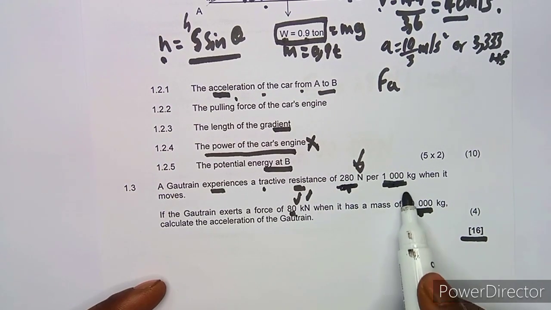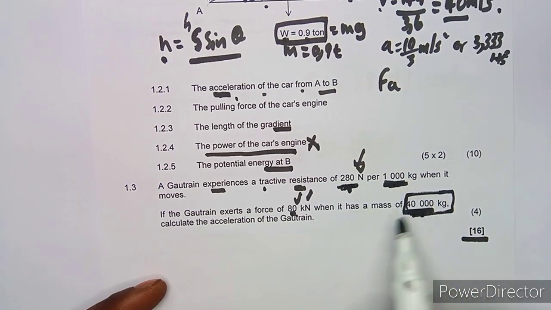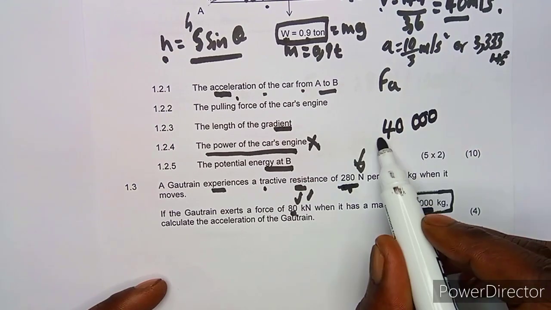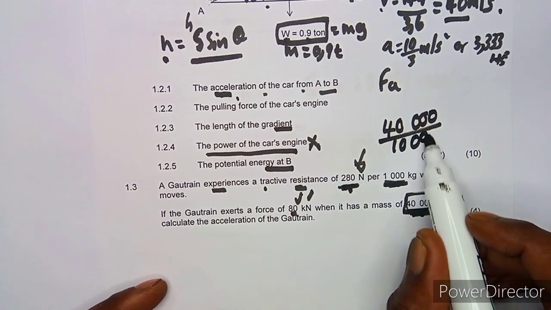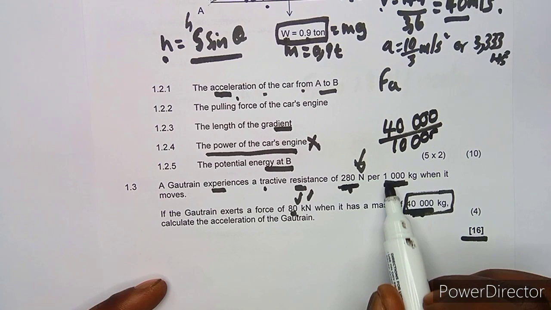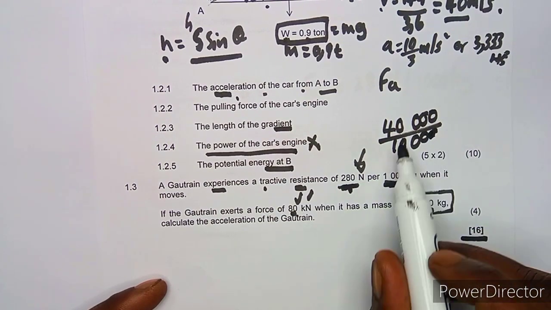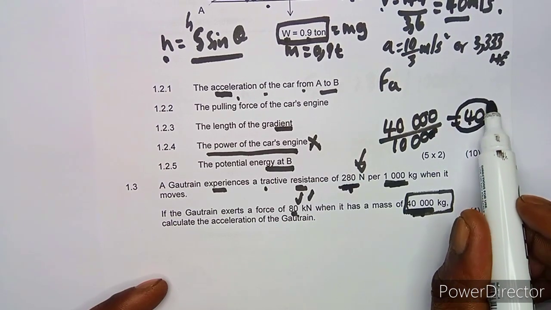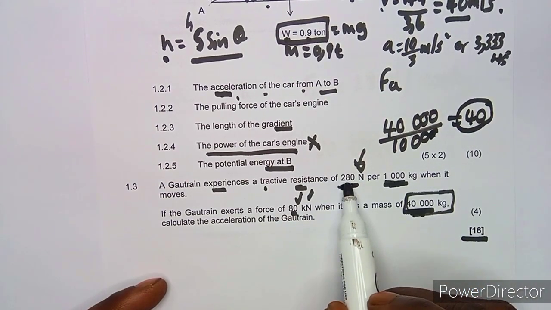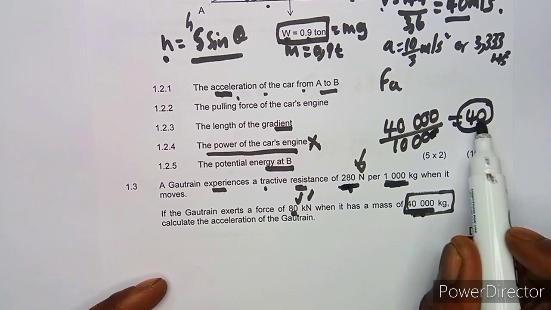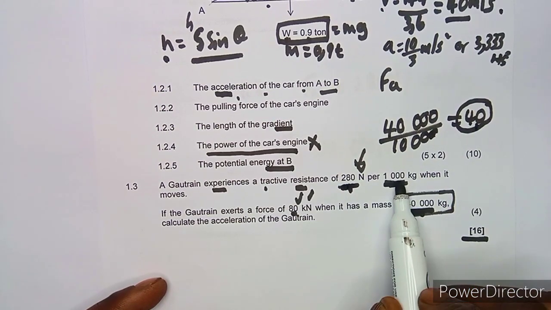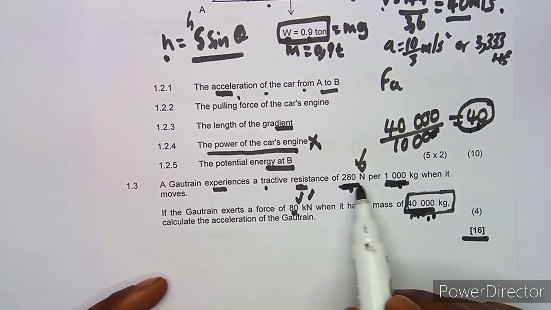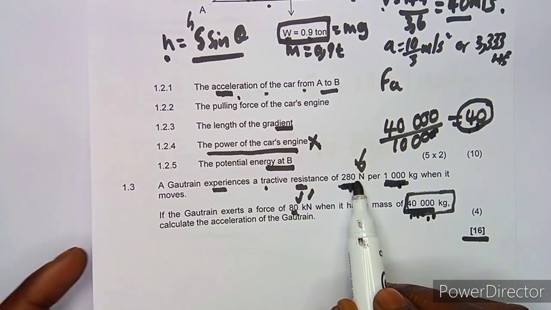And now we have got 40,000 kg. So let's divide 40,000 by 1,000, so you are going to remain with 40. Each 280 is going to be affected by 40, because each 1,000, but we have got 40,000, so we divide these two, then whatever you get, you multiply by 280.